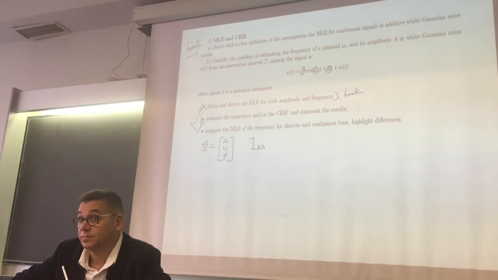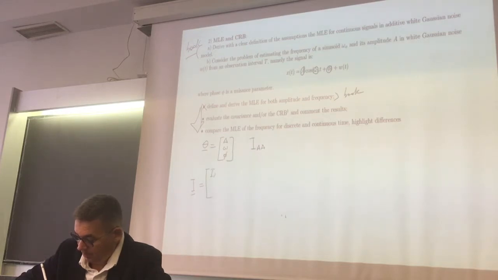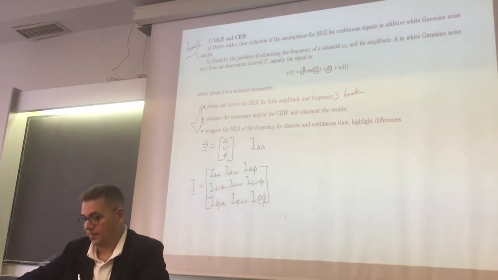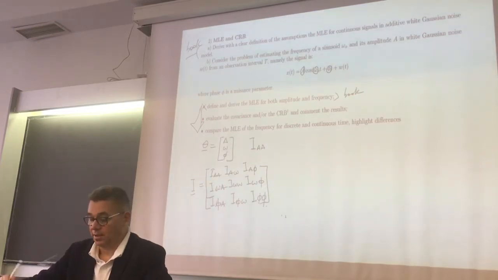I'm writing the Fisher matrix, which contains amplitude, omega, amplitude, phase, omega, amplitude, omega, phase, and then I have Fisher on phase, amplitude, which is the same as before, and then Fisher on phase, omega, and then Fisher on phase. Okay, now let's calculate together.